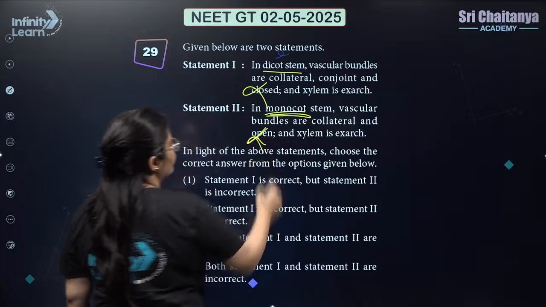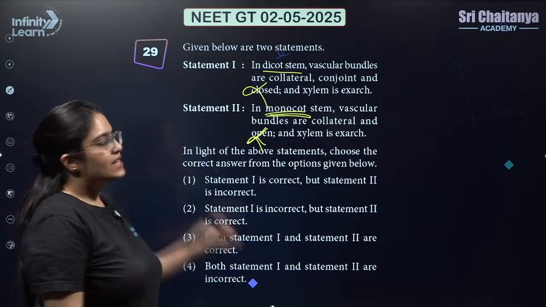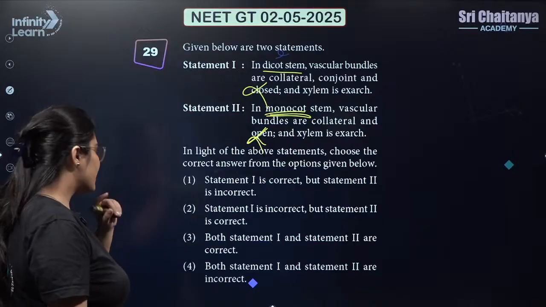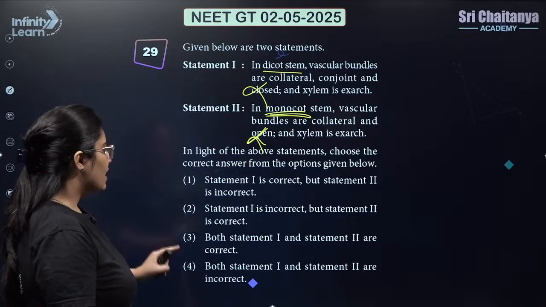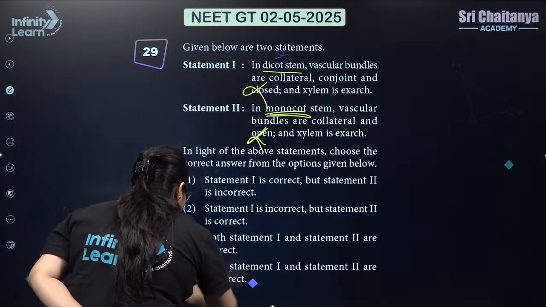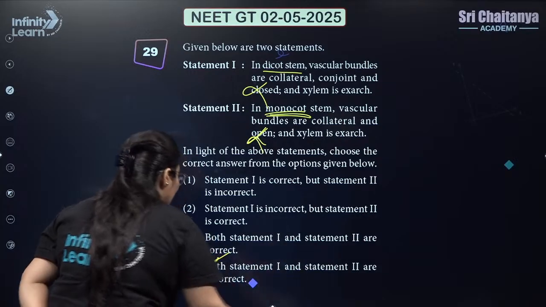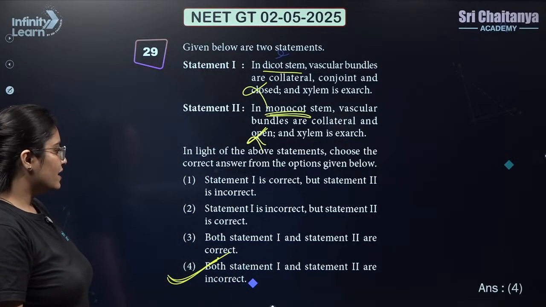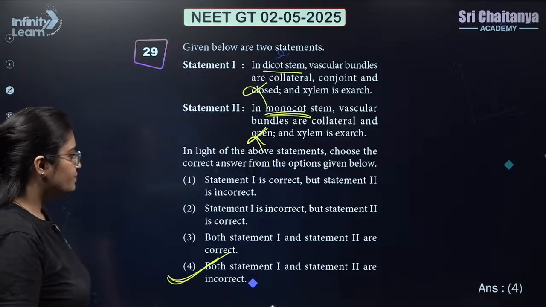Monocots are closed, not open. So statement 1 and statement 2 both are incorrect. In the light of the above statements, choose the correct answer. Both statement 1 and statement 2 are incorrect. So your correct answer is 4.